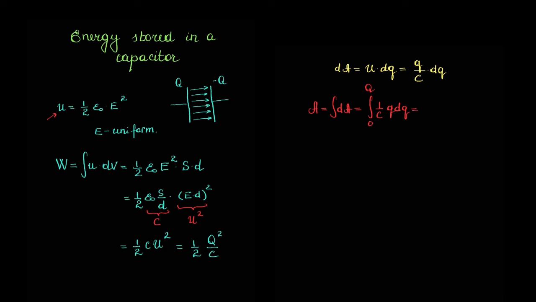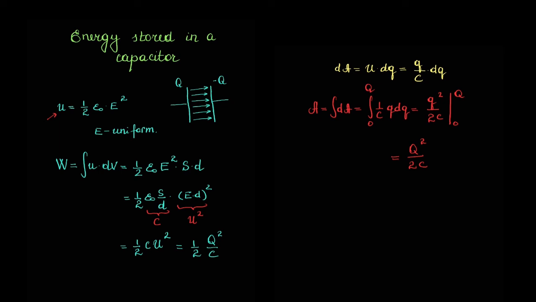The integration of q gives you q squared divided by 2, right? So it is q squared divided by 2C. Now the integration goes from q equals 0 to Q. Then it is just Q squared divided by 2C.